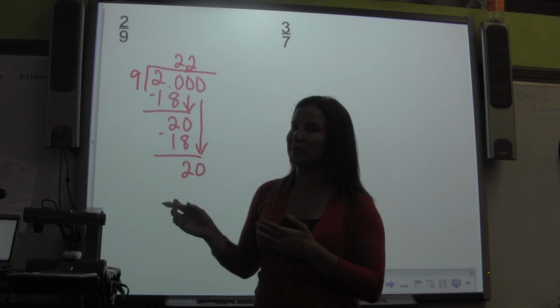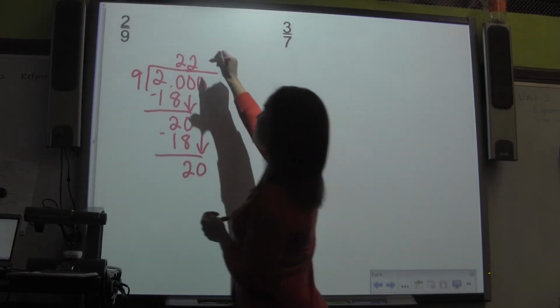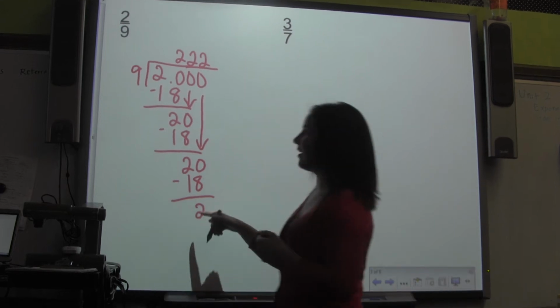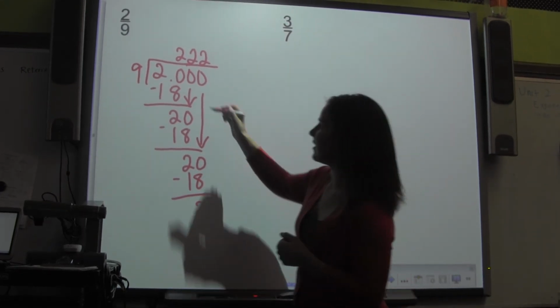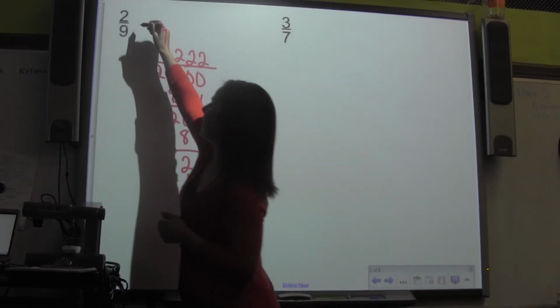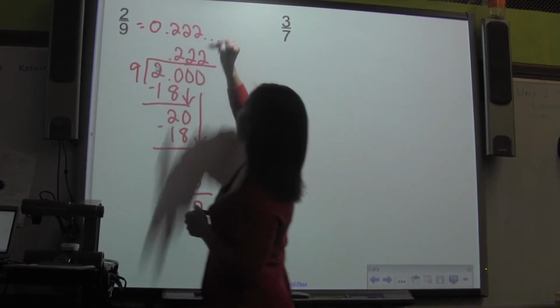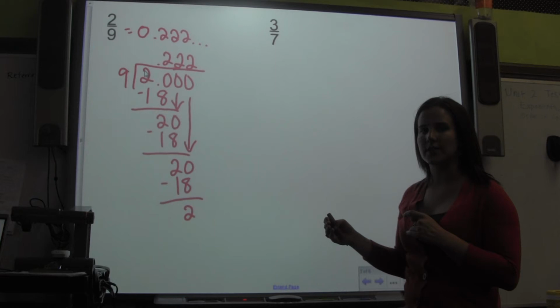There's a pattern developing here. 9 goes into 20 twice. And we're left with the remainder. So in order to show us this answer, we need you to put 0.222 and then our little dot, dot, dot so that we know that it continues on.